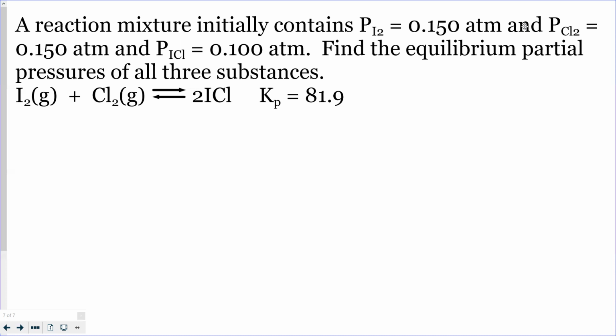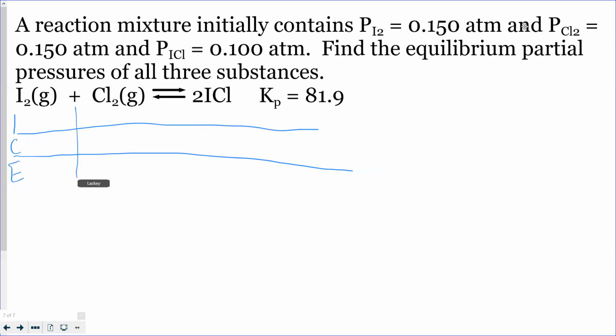So this is giving us the reaction, and it's using Kp instead of Kc. It's the exact same thing that we've been doing, but remember Kp, whenever you write it out, uses parentheses instead of brackets. So we're setting this up the exact same way. We have our ice table.